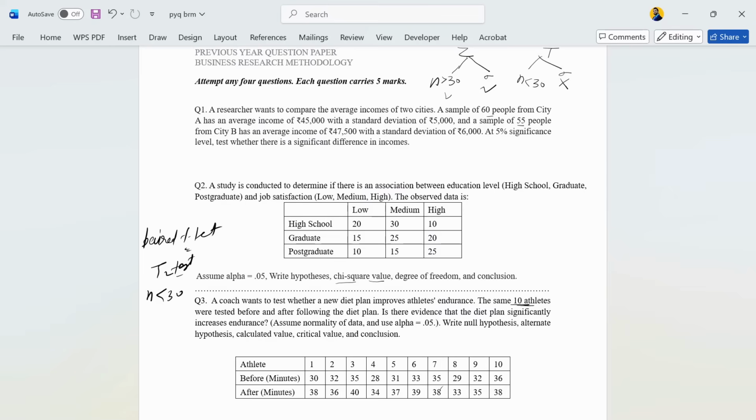If we have taken certain data from sample A before implementing a technique or diet plan, then to see the impact we have to collect the data again from the same sample set or the same population. Only then are we supposed to apply the paired t-test.